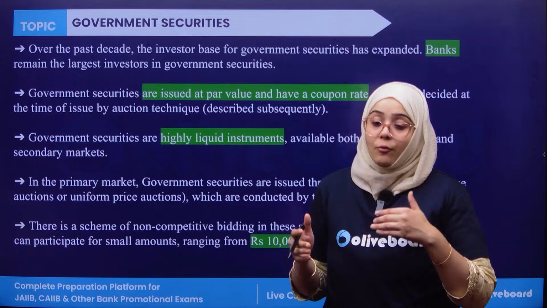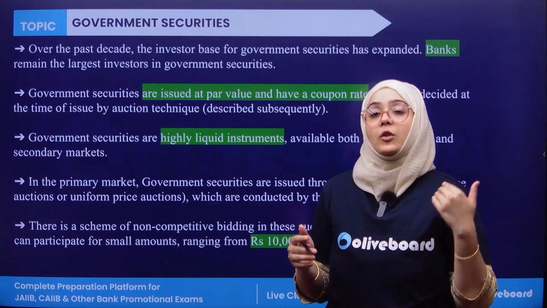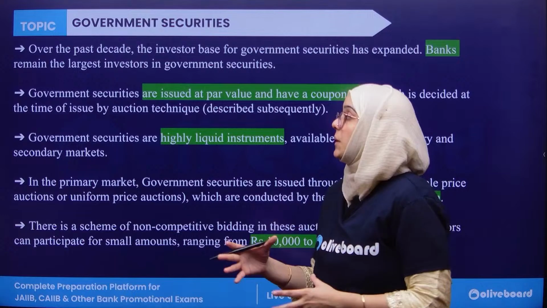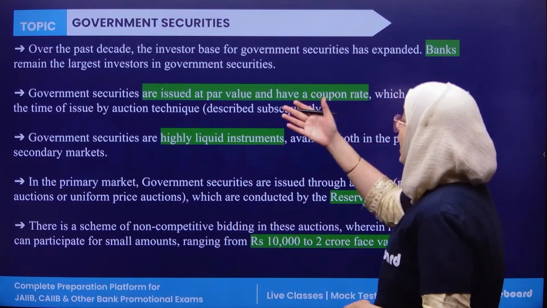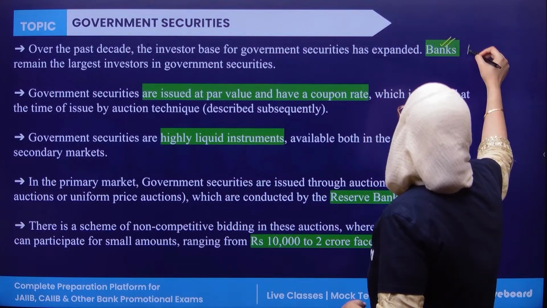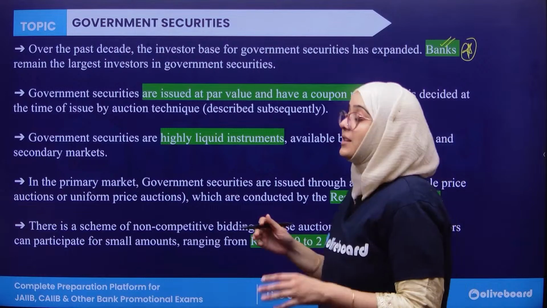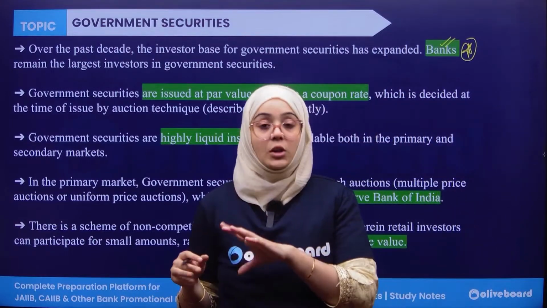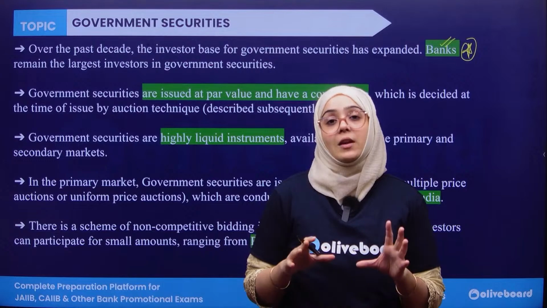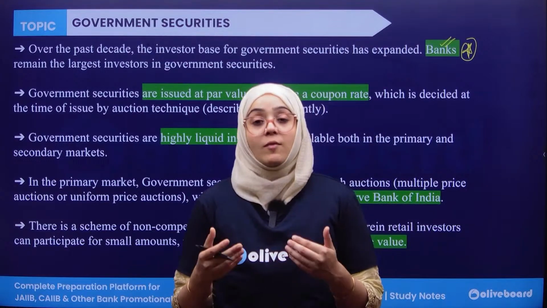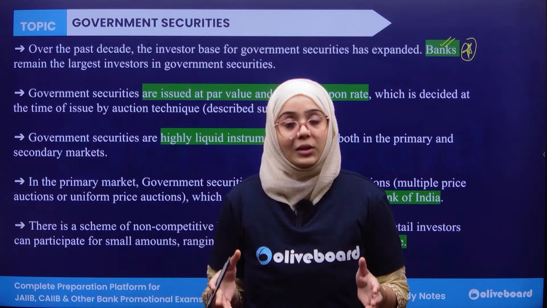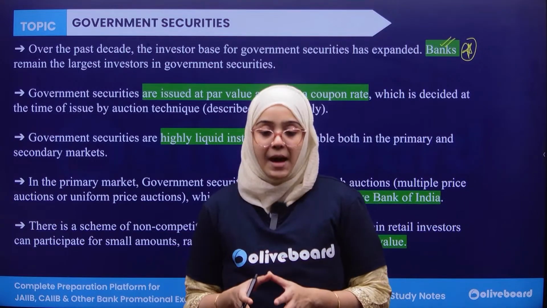And the bank is the largest investor in government securities right now. This is very important. A question can be framed in such a way that you are asked which of the following is the largest investor in government securities, and it is the banks.